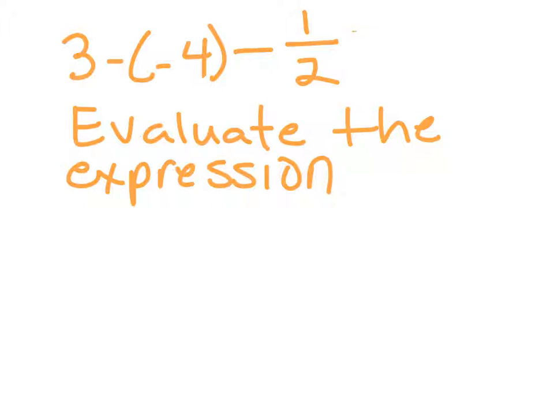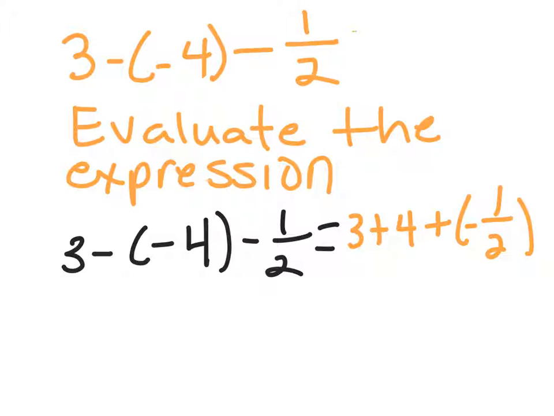So one thing you might be asked to do is to evaluate expressions with more than one subtraction. As an example, here's a problem: 3 minus negative 4 minus 1/2. To figure out the solution, let me rewrite it here.